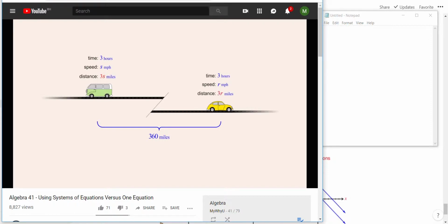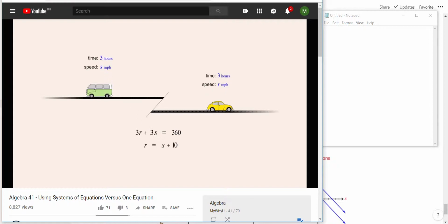We can then create two equations, each of which states one relationship between the variables. The first equation states that the distance traveled by the car plus the distance traveled by the bus is equal to 360 miles. The second equation states that the speed of the car is 10 miles per hour faster than the speed of the bus.